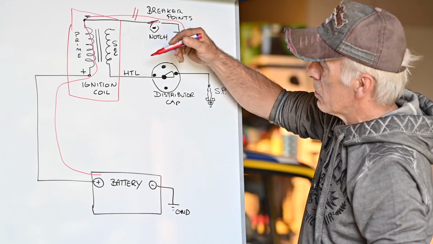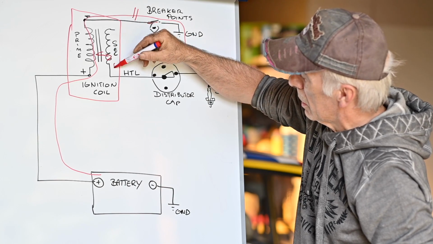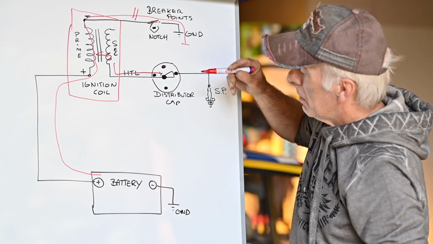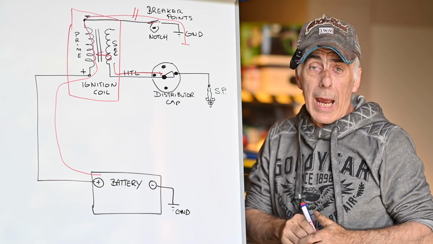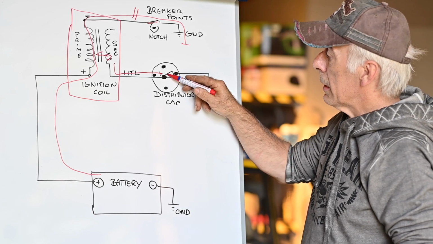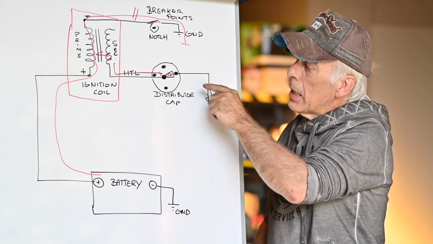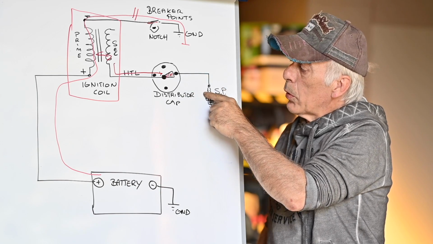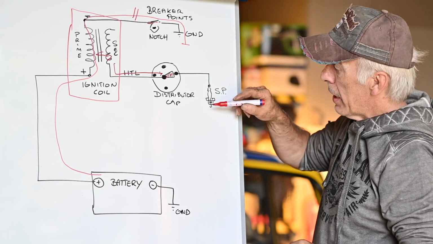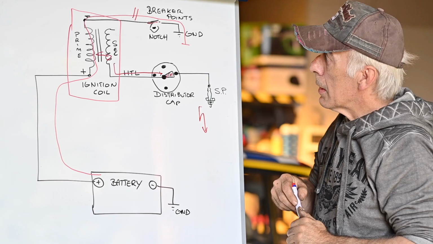And the high voltage, which is now happening through the induction, is passed to the middle part of the distributor cap. And then the rotor inside the distributor cap is then pointing to a specific cylinder. And then the high tension lead is then going to the relevant spark plug, and then we have a spark.